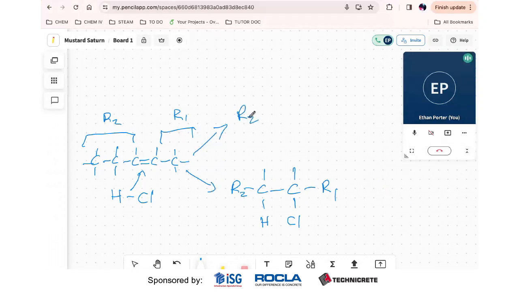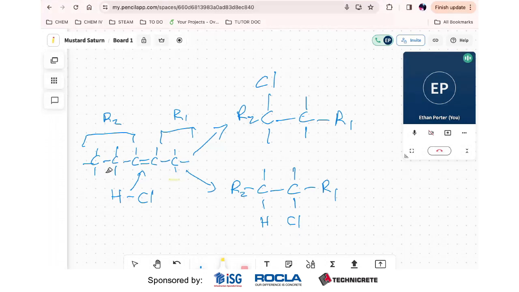So R2, yeah. So we'll have the Cl on the other side. Oh, my mistake. When I say the other side, I mean this side. So because R1 and R2 are different, they're not the same.